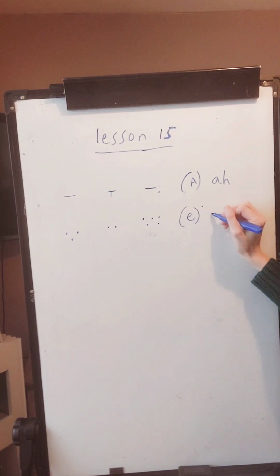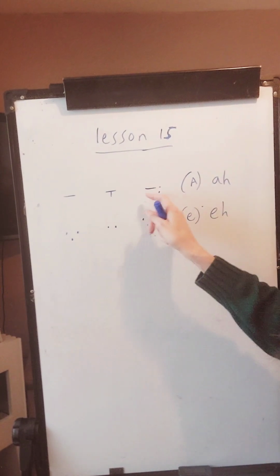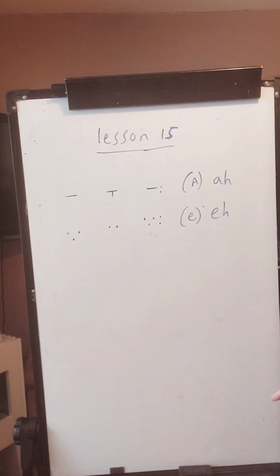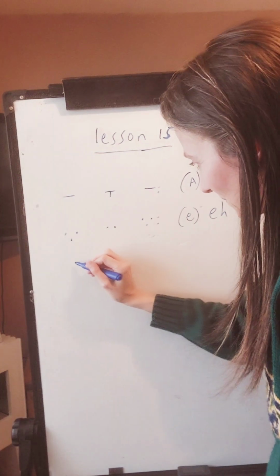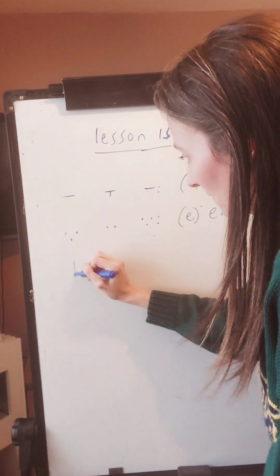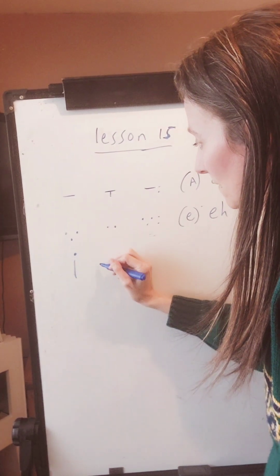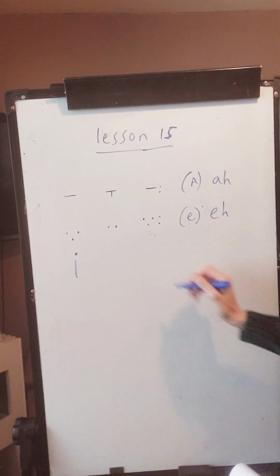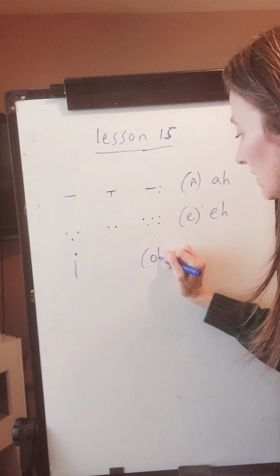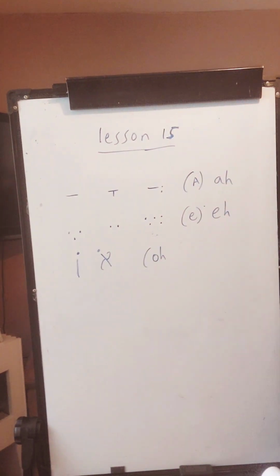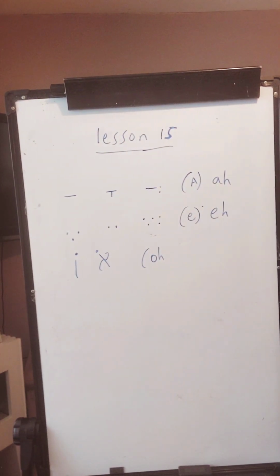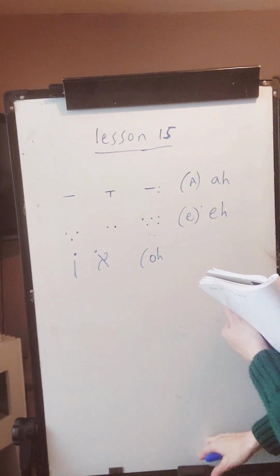It's the E vowel, sounds as air. So you need to know what vowel they are and how they sound. And then lastly, this is the O vowel. And I'll just use the Aleph, a silent letter. That would also be O. We haven't done the Aleph yet, but we will do it as we go on.